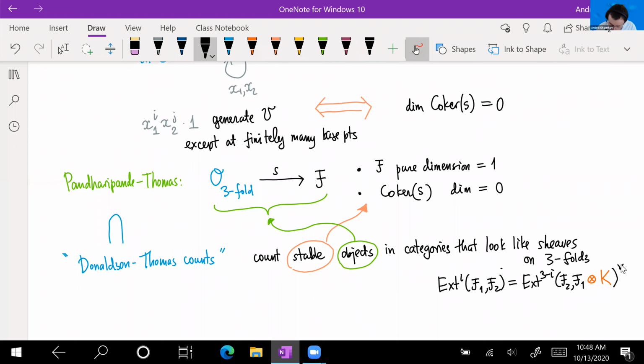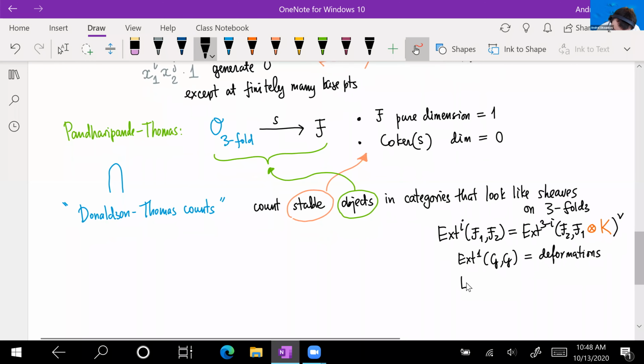In particular, that would be saying that Ext^1 is the deformations of an object to itself, some kind of object, whatever, call it maybe G. This is deformations, and then Ext^2 of G with G is the obstructions.